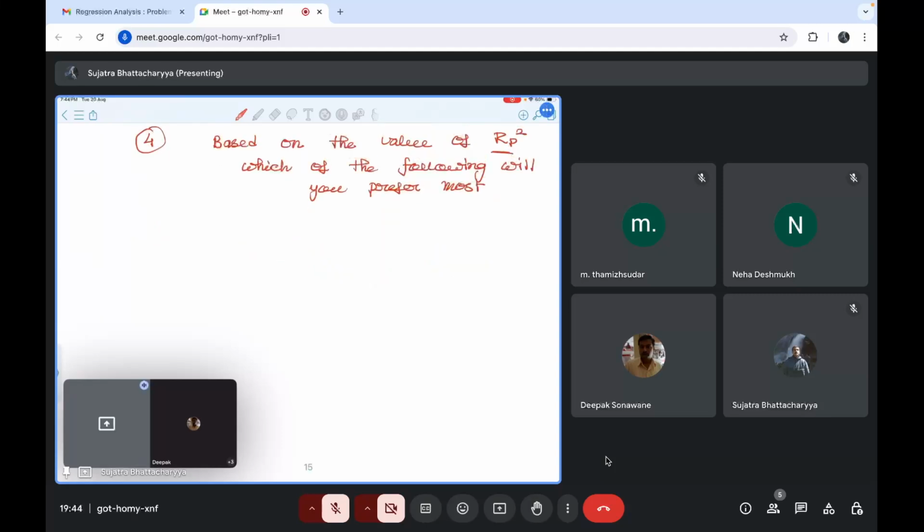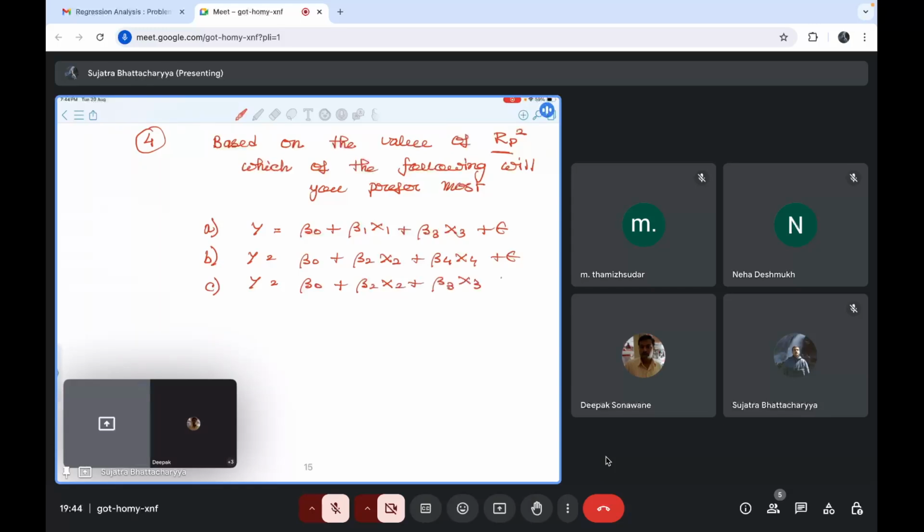Okay, so what are the options? Here it is given in the regression model: y is equal to beta naught plus beta 1 x1 plus beta 3 x3 plus epsilon. B is y equal to beta naught plus beta 2 x2 plus beta 4 x4 plus epsilon. C is y equal to beta naught plus beta 2 x2 plus beta 3 x3 plus epsilon.